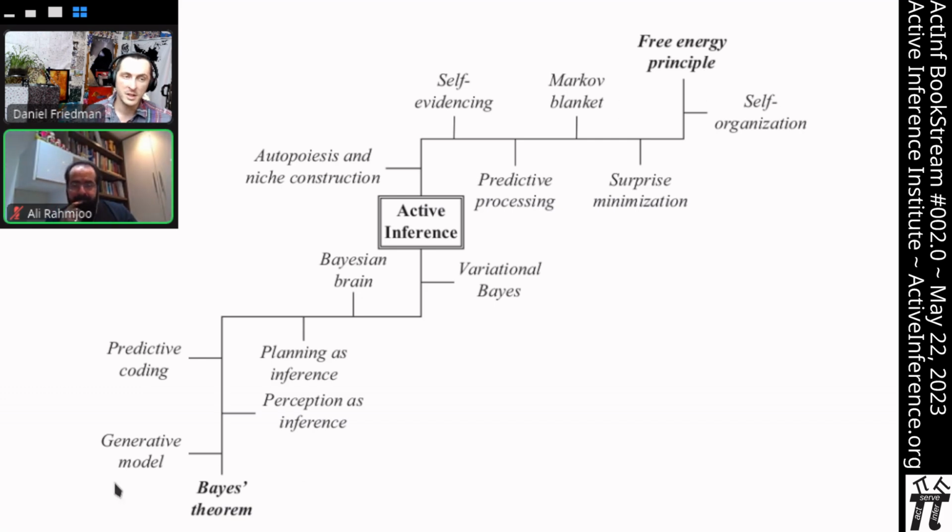They might be using Bayes' theorem or any other kind of mechanism internally, but the high road is describing the why of existence. The low road, the bottom-up approach, is kind of like a how. You could use Bayes' theorem to describe persistent autopoietic entities, or you could use it for other purposes too.